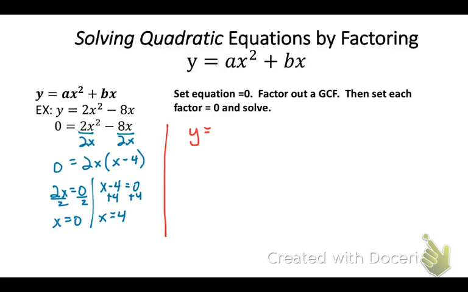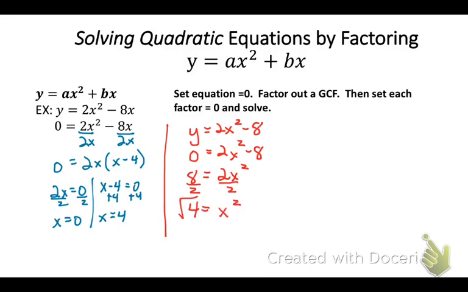So we don't have a second x term, so we can replace the y with 0, and then we'll add 8 to both sides. Divide by 2, because we're just trying to get the x term by itself. And now we can just take the square root of both sides. When we're solving, we want both the positive and the negative.